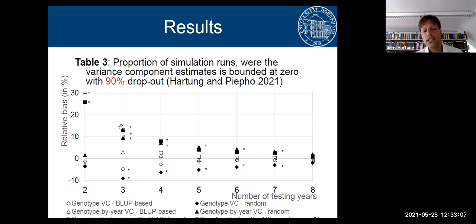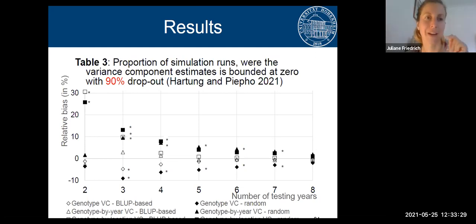That's why you can see that the estimates under random selection, which are the black signs, are always farther from 0 than the blup-based ones, the white signs here. And this is, I think, what the question was about.